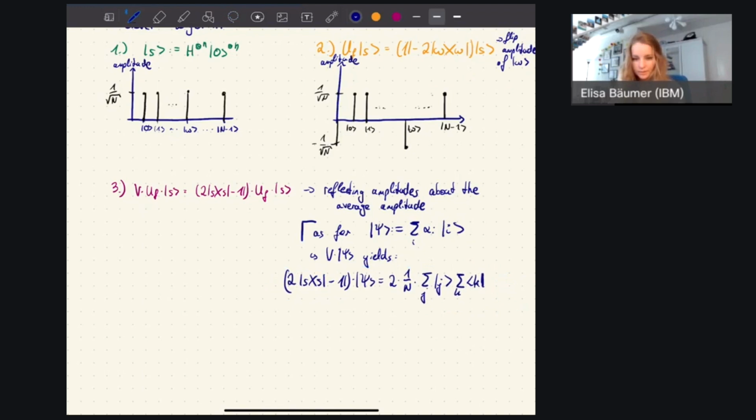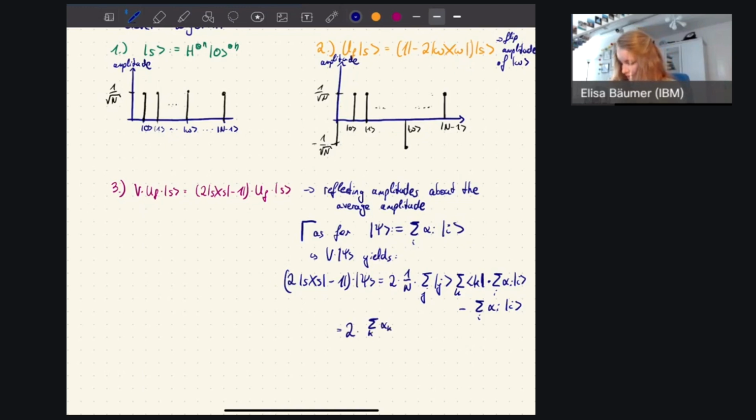So this corresponds to the S applied to the state psi, so times the sum over all i alpha i, minus just identity applied to psi. So minus the sum over all i alpha i. Now let's rewrite the first part. We have here the sum over all k alpha k.